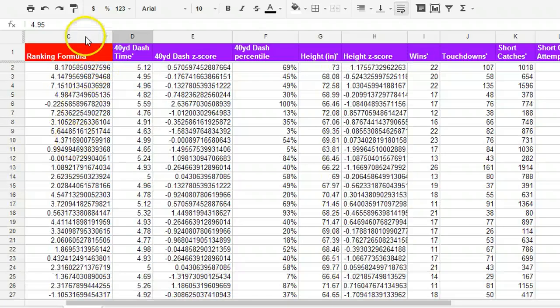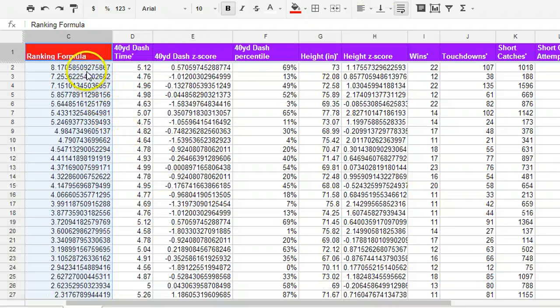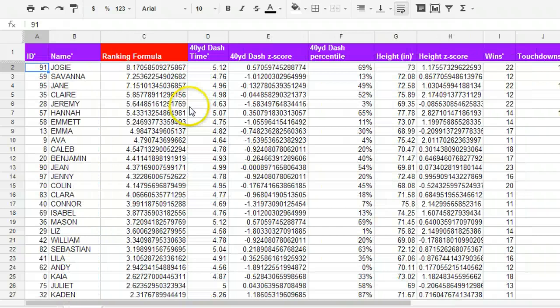So I'm going to resort this column here from highest to lowest because I made it so all my positive numbers are good. And it looks like Josie, by my new formula, is the best player in the league because she has a reasonably low 40-yard dash time.